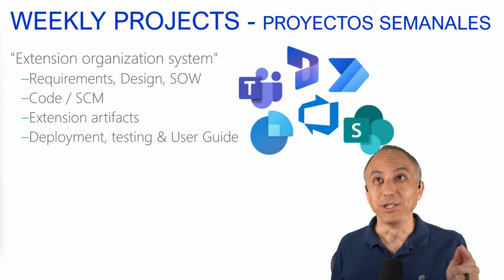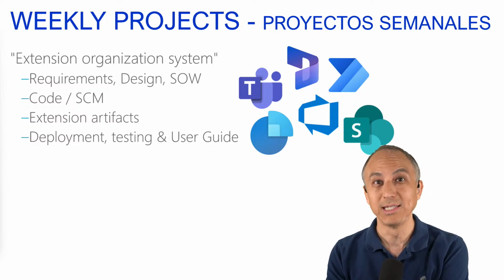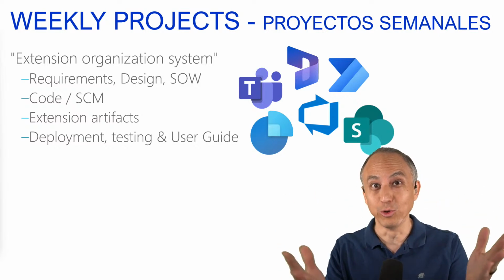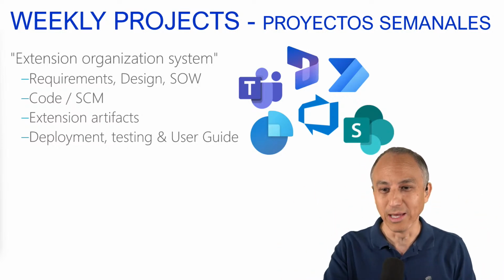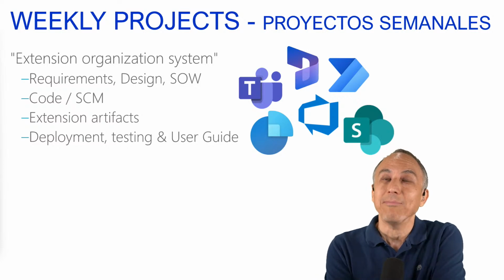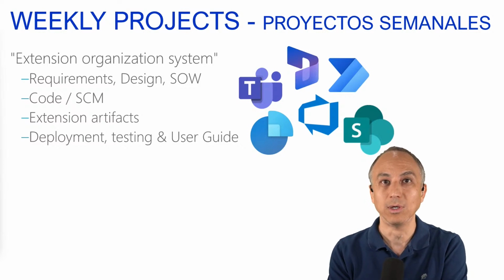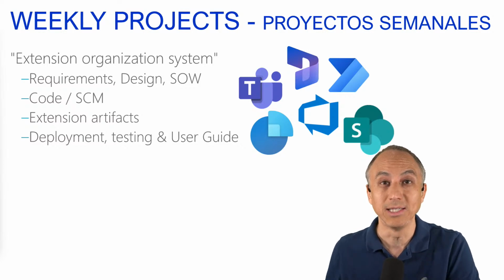This week's project, one of them, is extension organization. And this is a question to all of you, all 12 of you watching, or three, eight, I can't quite tell. How do you, in your organization, manage all of the documents for deliverables related to a Business Central customer PTE?